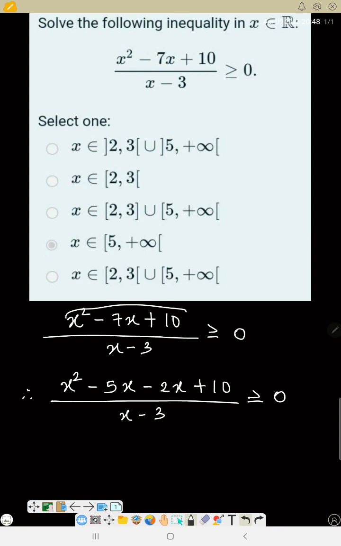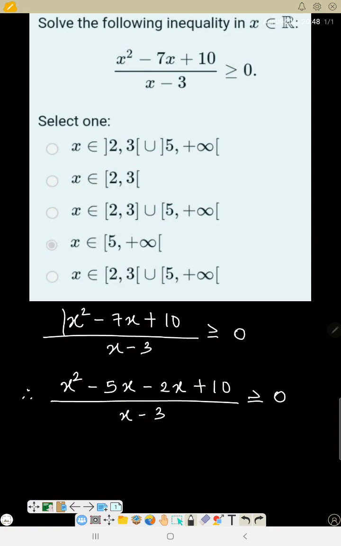Please, I don't need to explain how I am solving this factorization method. Please go and watch my video on factorization method so you will understand better, because I've explained factorization in detail, so it won't take time in this video.